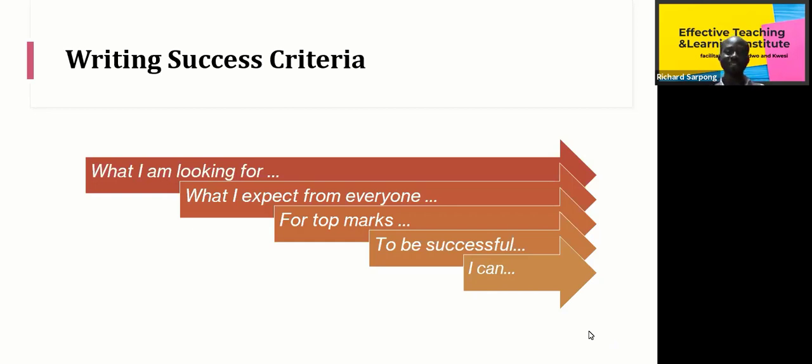So right now in this lesson, we can have I can statements, the things that you can do as a result of being part of this particular training section as we look at a discussion on effective teaching and learning institute, looking broadly at the concept of clarifying learning by stating its intentions and success criteria.